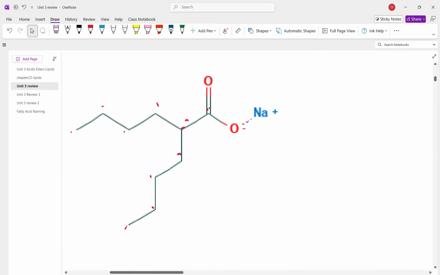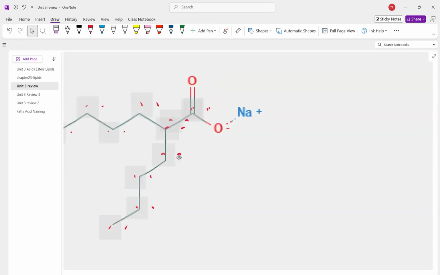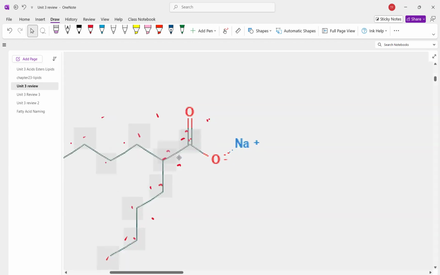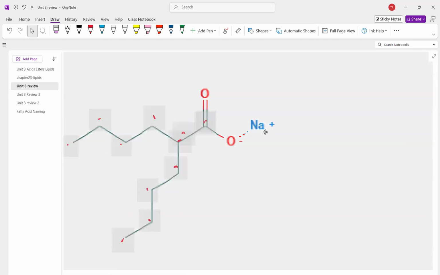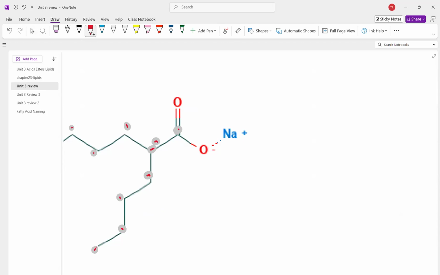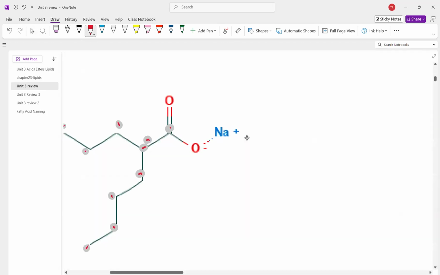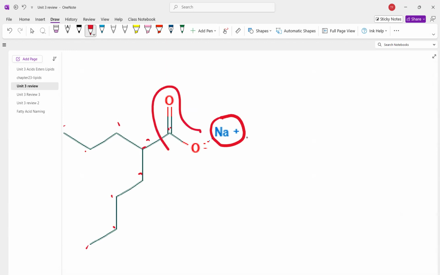Okay, so let's name this guy. Right away, you know two things. One, an acid base. The salt. So you have acid and salt together.